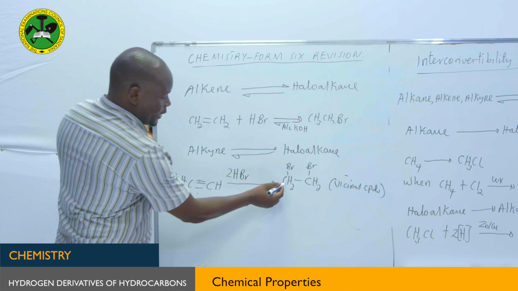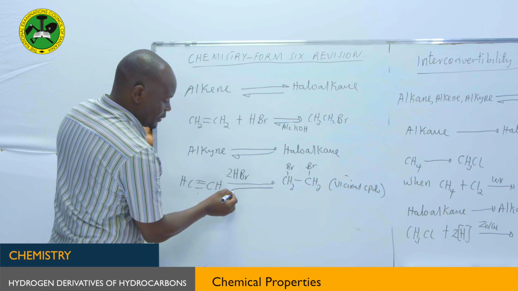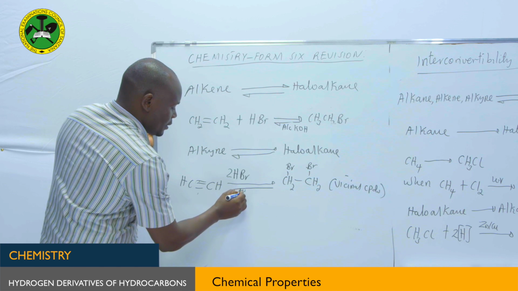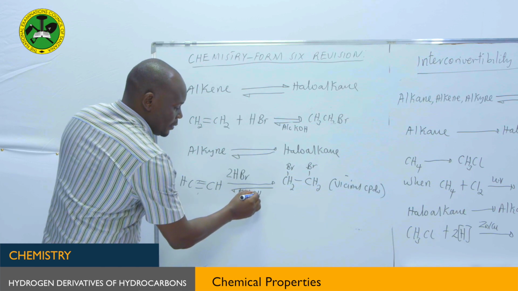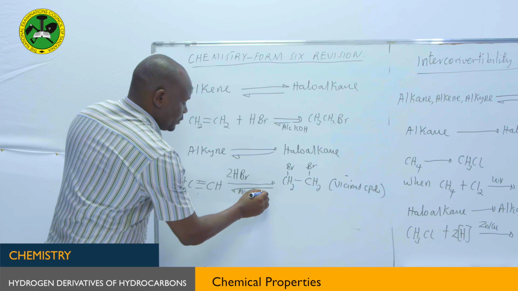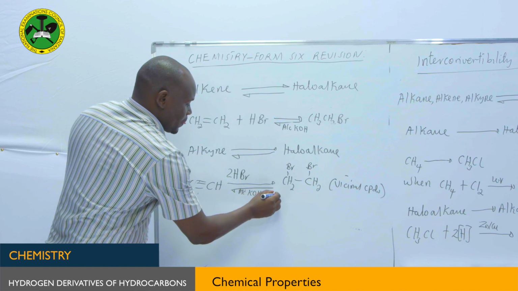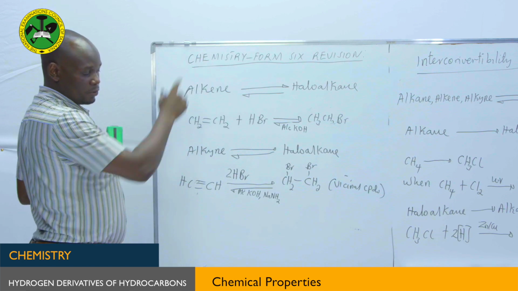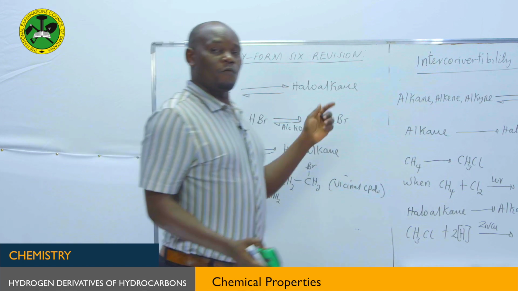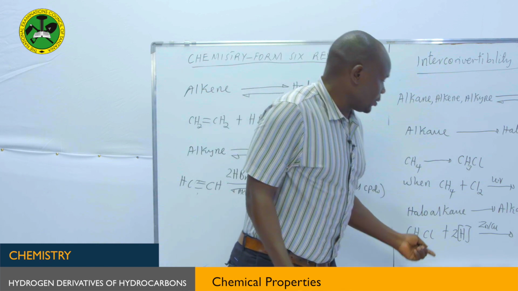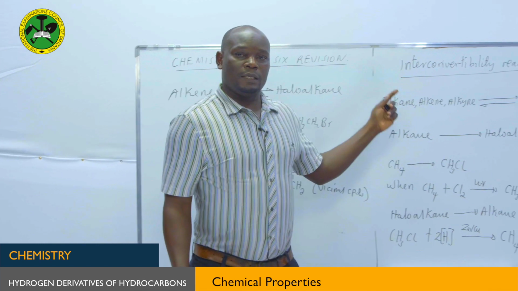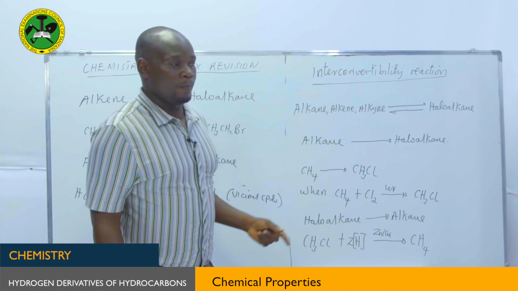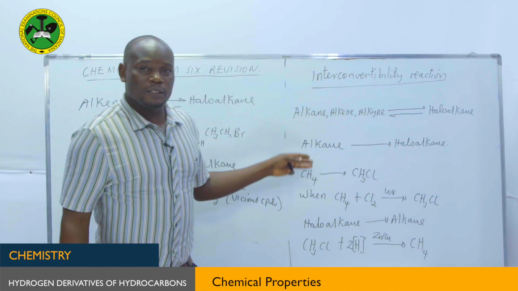But you can also change the haloalkane obtained to alkyne by treating it with alcoholic potassium hydroxide followed by sodium amide, and get the alkyne. So this is what we call interconvertibility reactions.